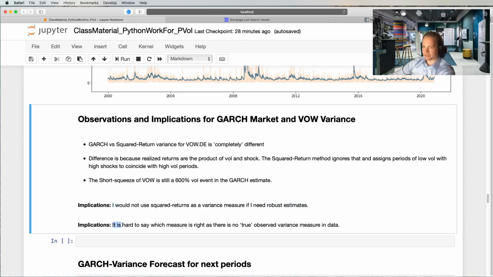And the other implication, it's hard to say which measure is right, as there is no true observed measure in data. And it gets even worse if you look for higher moments like skewness and kurtosis. That's why it's good to really spend time on variance, and appreciate what it means that that object is not observed.